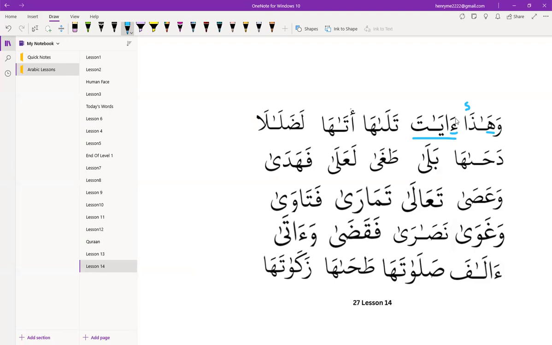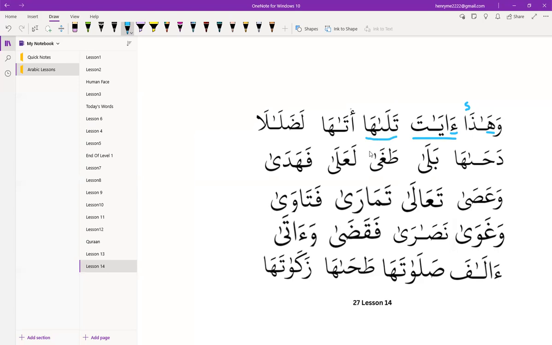Instead of a, we'll double it, ayata, and the ya here will also be doubled. But notice here, the short alif doesn't come on top of the ya, it comes after the ya, between the ya and the ta. Like this one here, it comes on top of it, right? But here it comes after, so you have to be careful there. So, ayata.